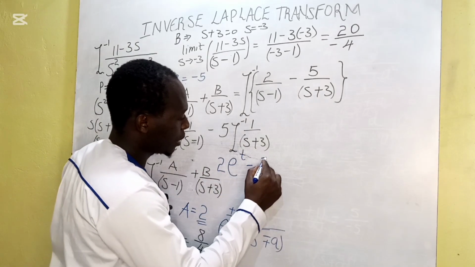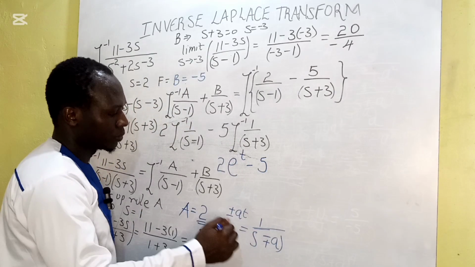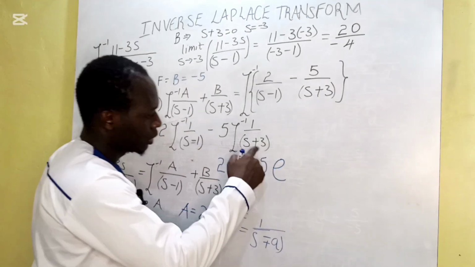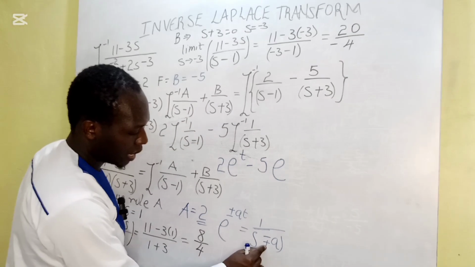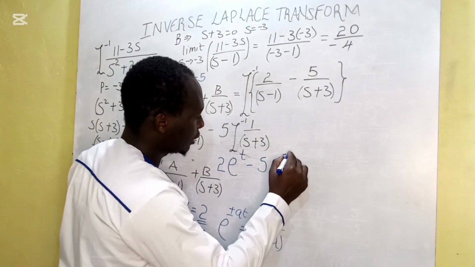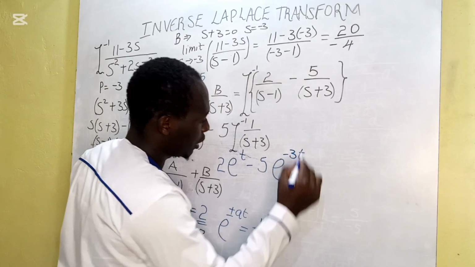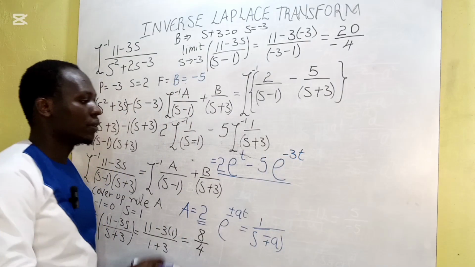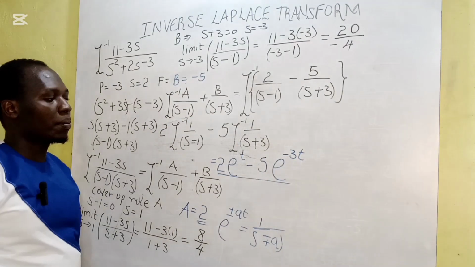We come and subtract 5 exponential. On the denominator, we are having a positive, to mean that here now we are going to have a negative of 3a, which is equal to 3t. And this is now the inverse Laplace transform.